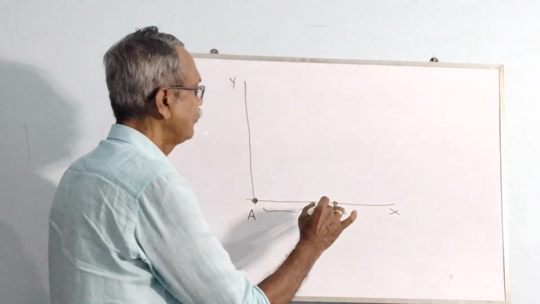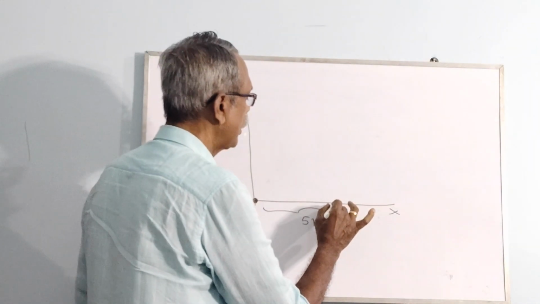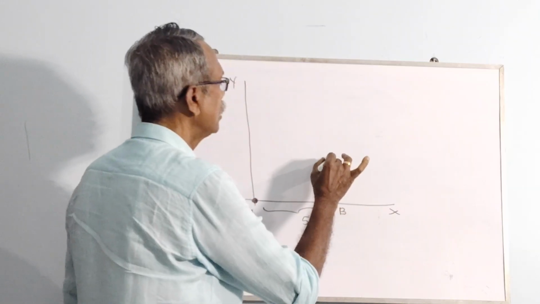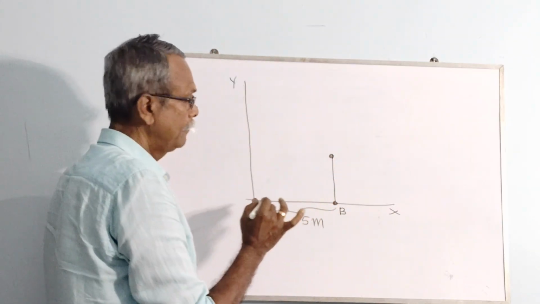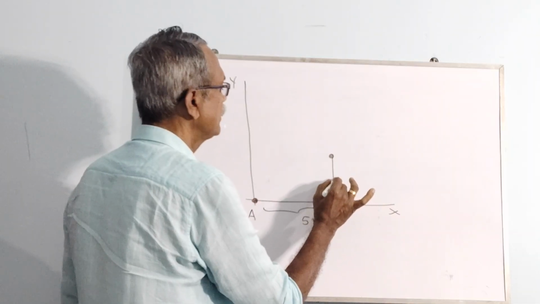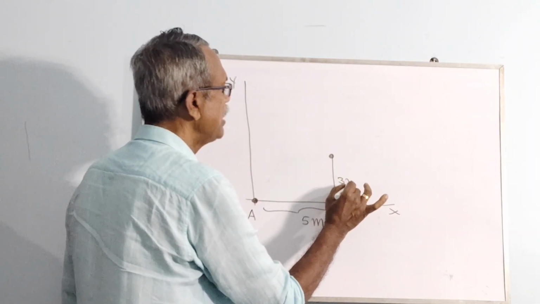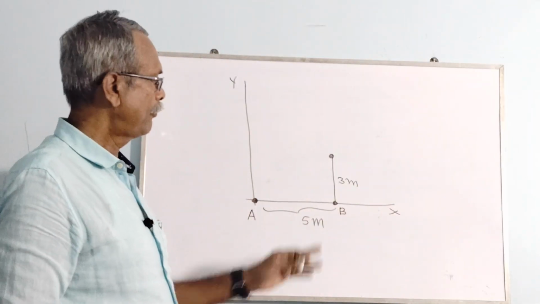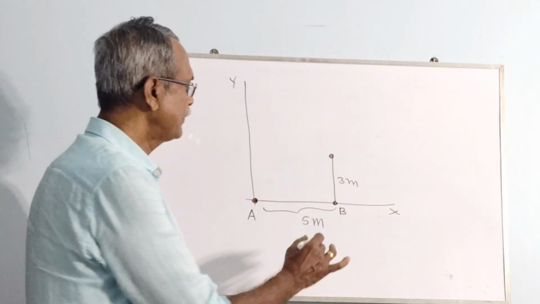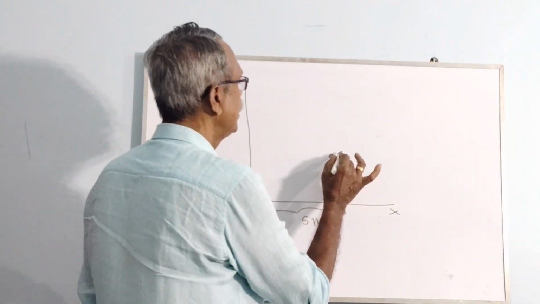And then that particle moves from B to C along the y-axis and reaches this point, which is at a distance 3 meters from B along the y direction. That is, it has reached the point 5, 3.